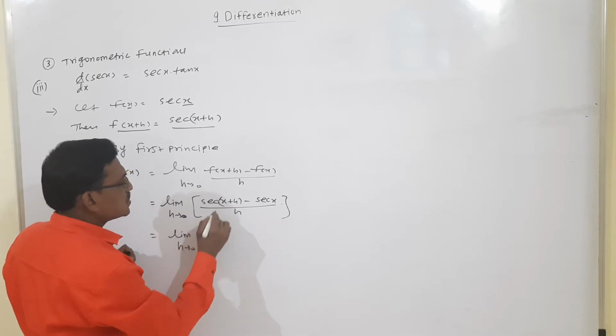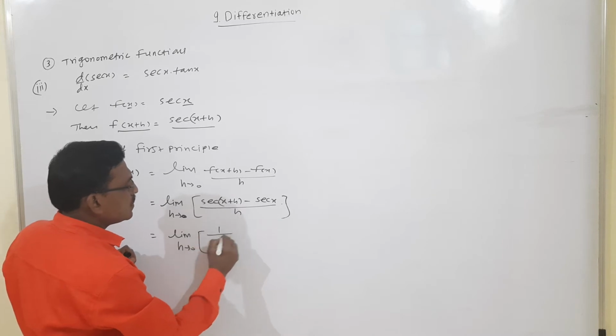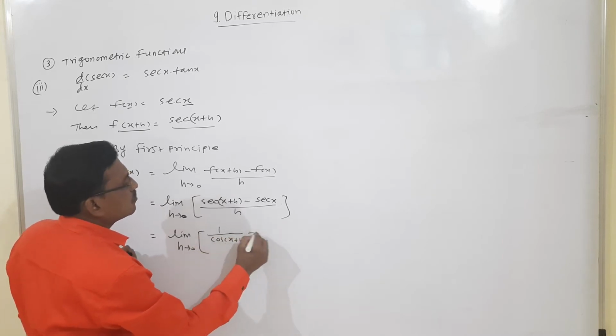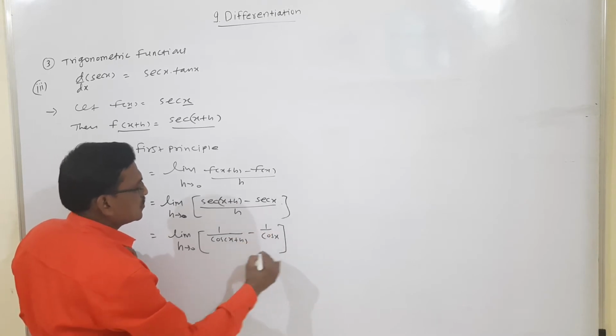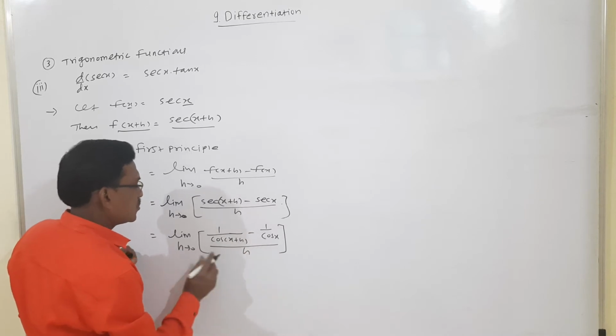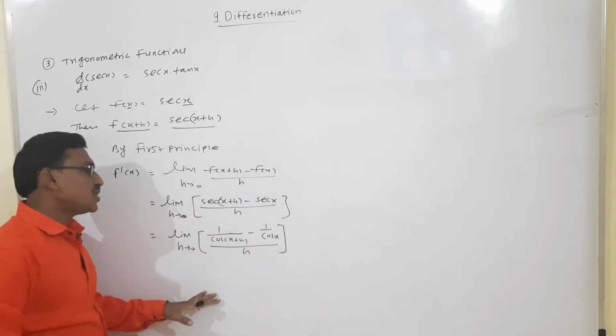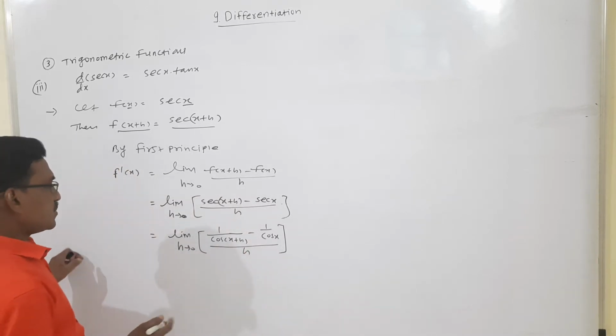That's why we write sec of x plus h in this way: 1 upon cos of x plus h minus 1 upon cos x, whole divided by h. Now again we take cross multiplication here and the LCM.